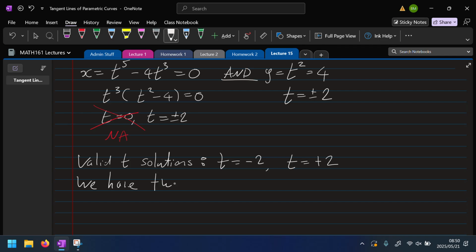So you might get one tangent line, you might get two. One of the tangent lines will be at t equals minus 2, and the other will be at t equals plus 2.